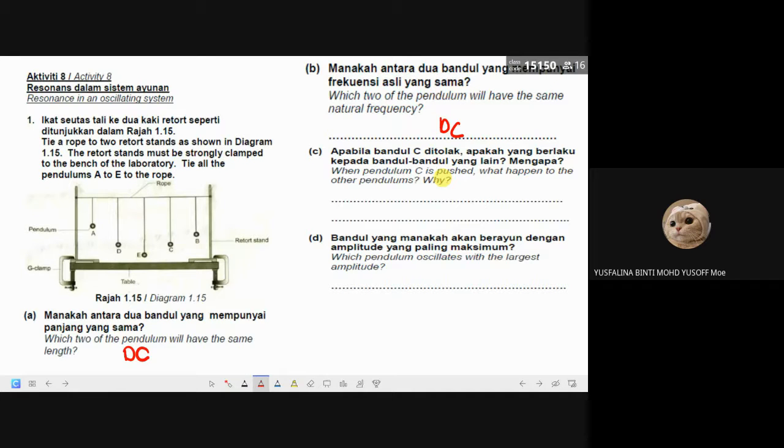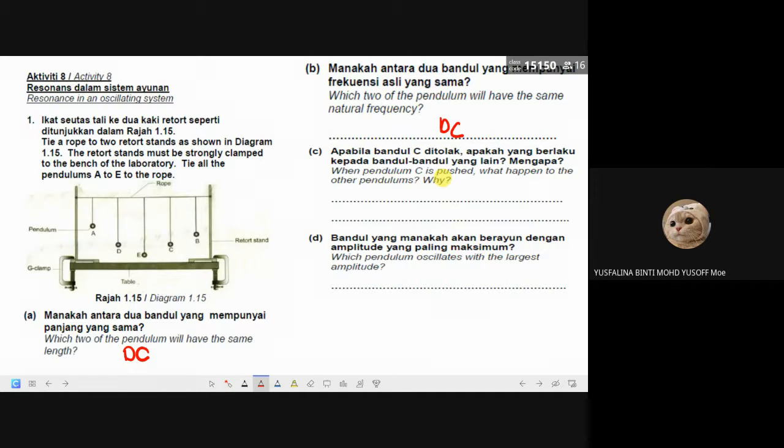So let's say you try to oscillate C. When you oscillate C, all of the pendulums will oscillate, because the energy will be transferred.